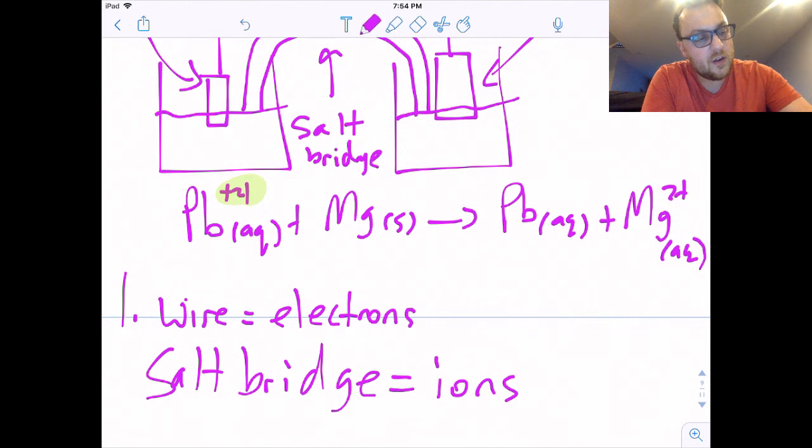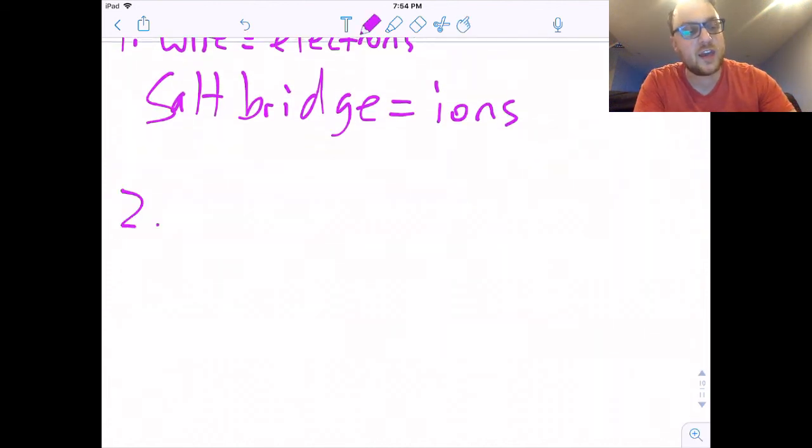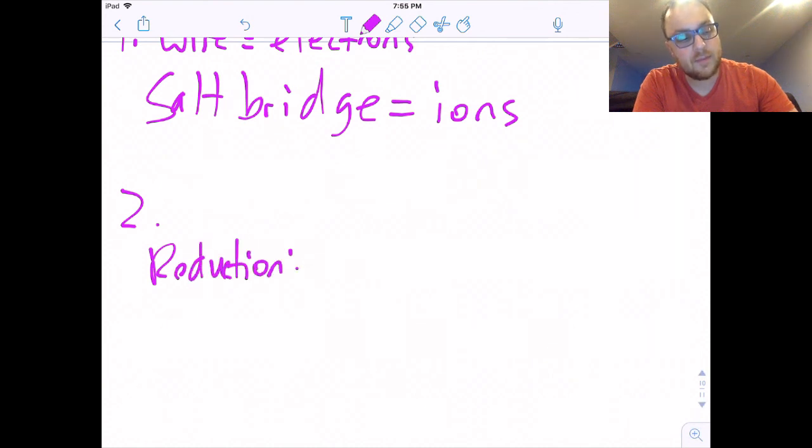Lead's charge got reduced. So if they ask you to show the reduction half reaction, that means lead, with its 4+ charge, has gained 4 electrons to make lead with no charge.